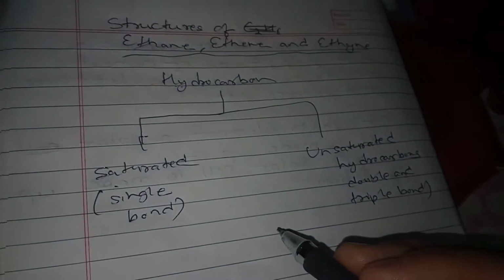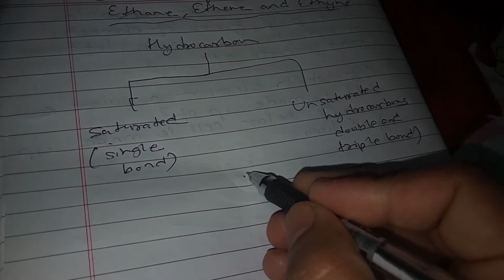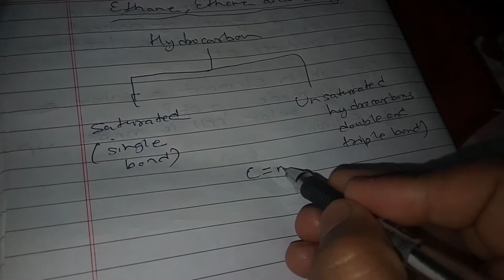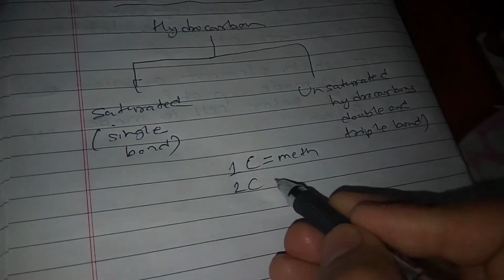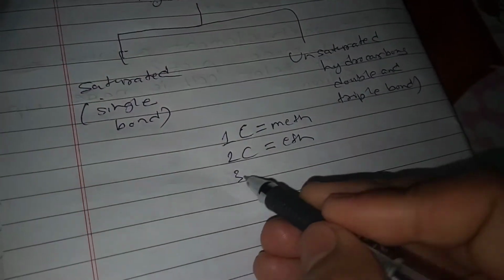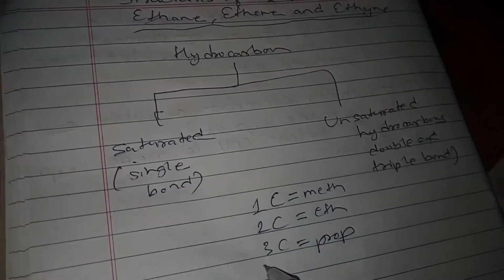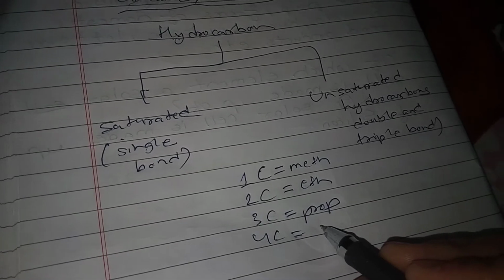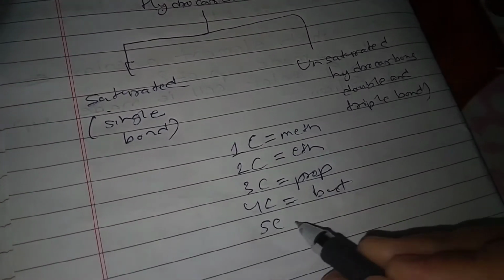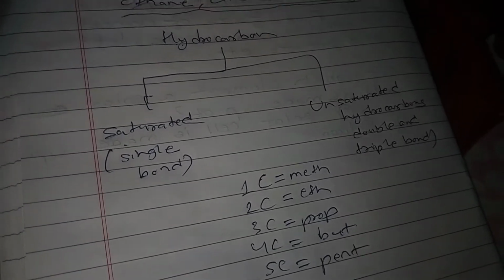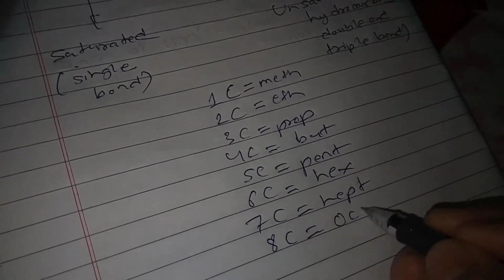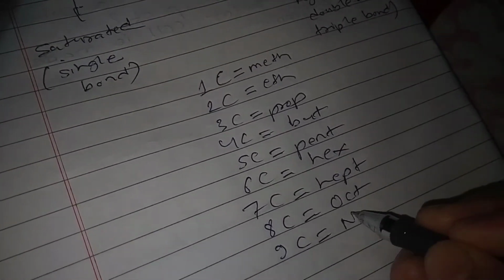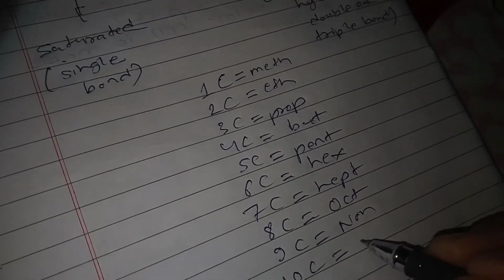Whenever you see a compound with 1 carbon atom, we name it meth. 1 carbon atom is meth, 2 carbon atoms eth, 3 prop, 4 but, 5 pent, 6 hex, 7 hept, 8 oct, 9 non, and if there are 10 carbon atoms in a compound, we call it dec.